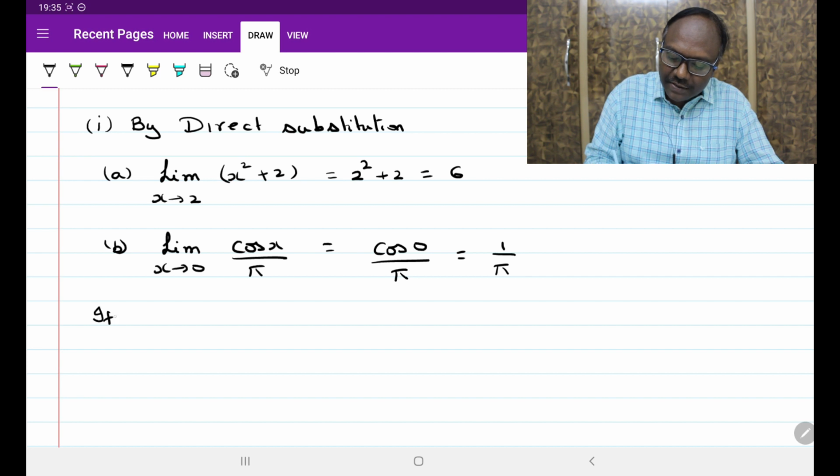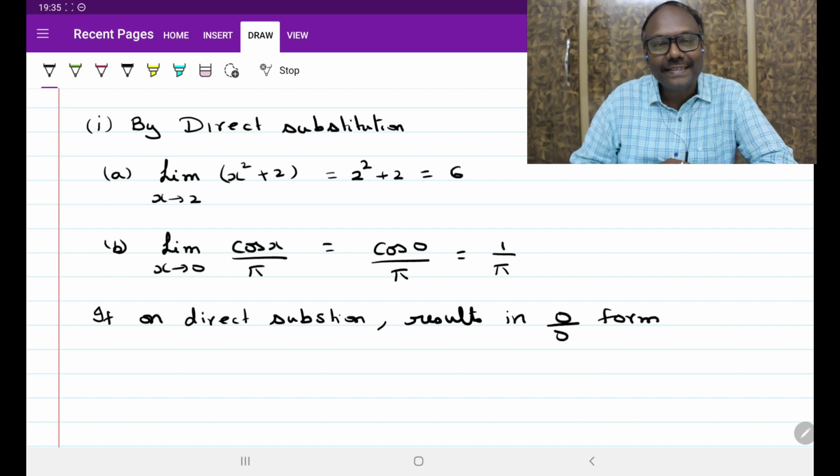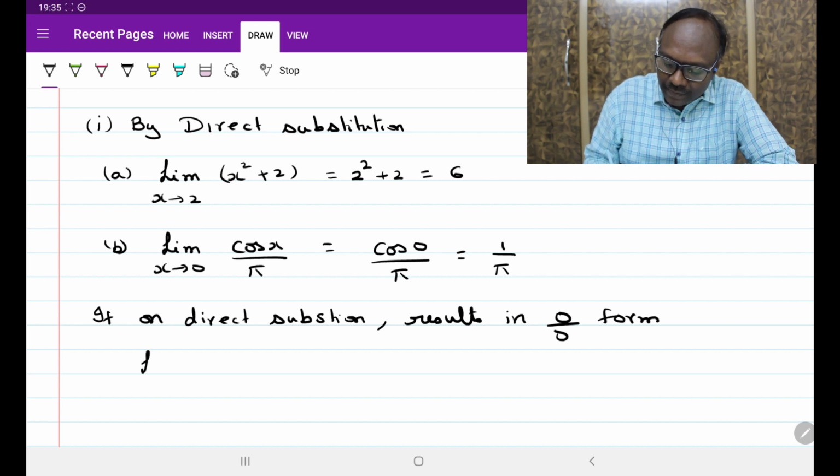So, if direct substitution results in 0 by 0 form, then what we have to do is to cancel out the common factors. So, let us take a small example.